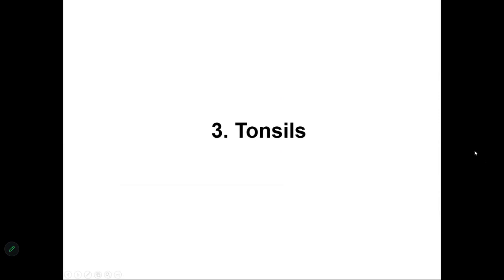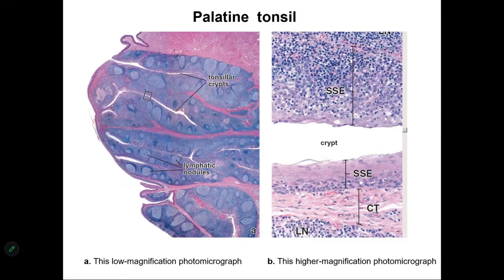About tonsils. Tonsils are located as the first barrier between the environment and the nasopharynx and oropharynx. In our histology course, this is the structure of the palatine tonsil. For the palatine tonsil, lots of lymphatic nodules are typical.